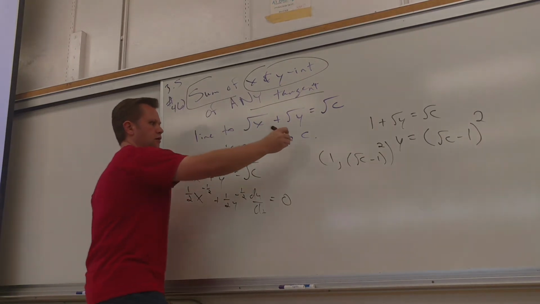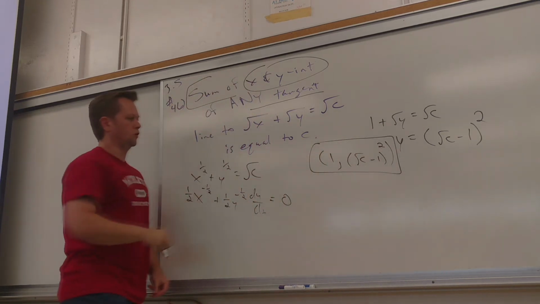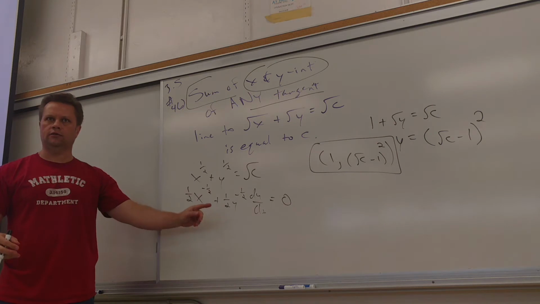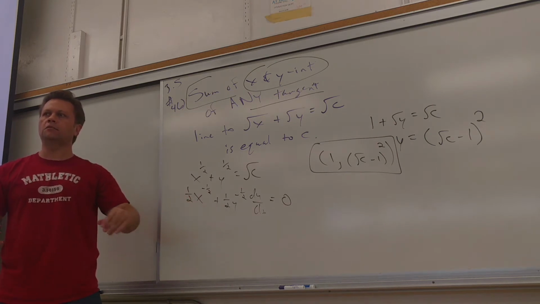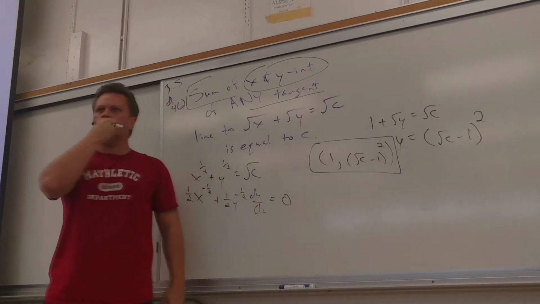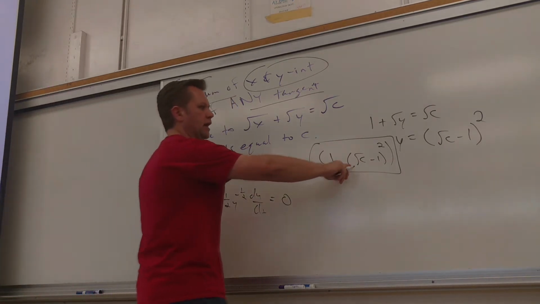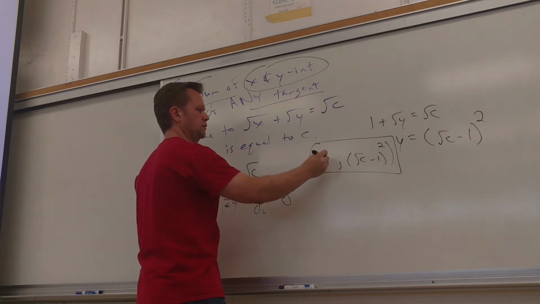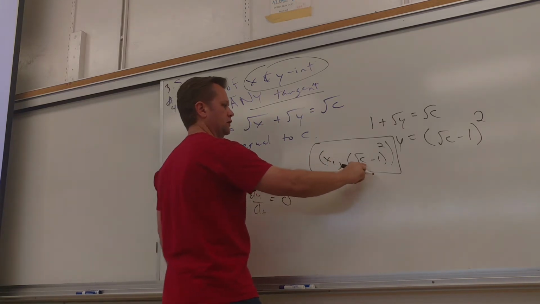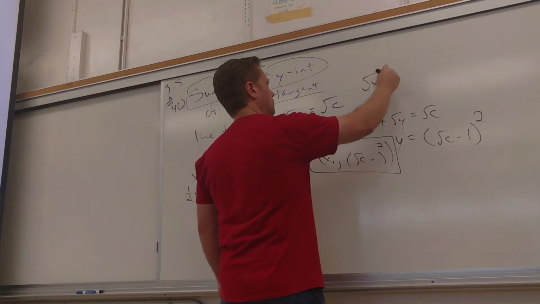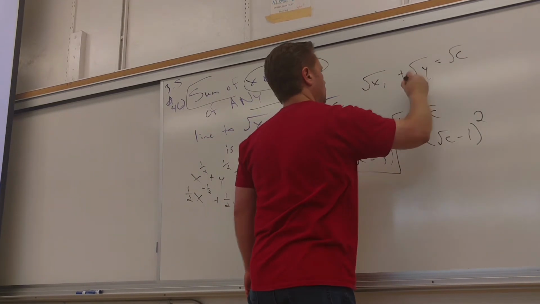So there's your point. What's my slope at that point? You can plug it in and figure it out, right? I like it. But you're supposed to do any point. So I'm going to adjust this a little bit. Let me at least help you this far. There's got to be any point on this curve. So maybe I'll use the point x1 and the square root of C minus... Well, you have to be careful now. If it's x1, what's y equal?